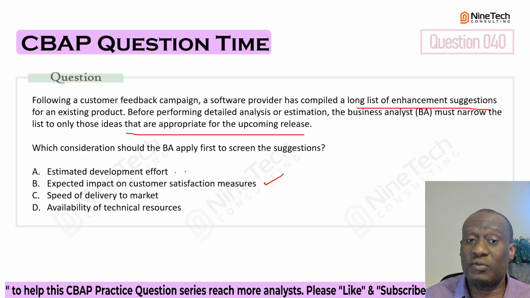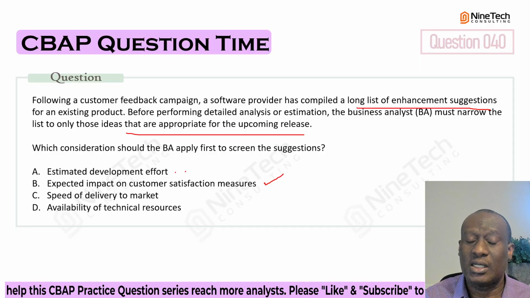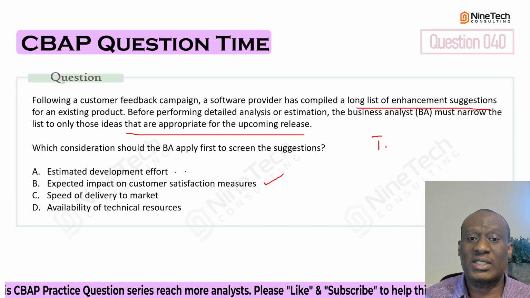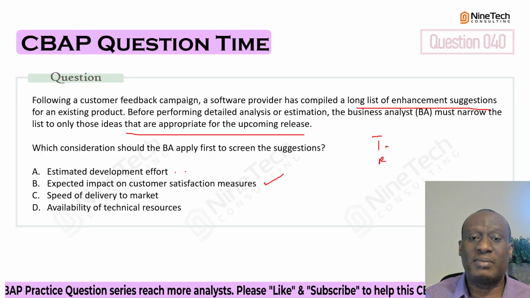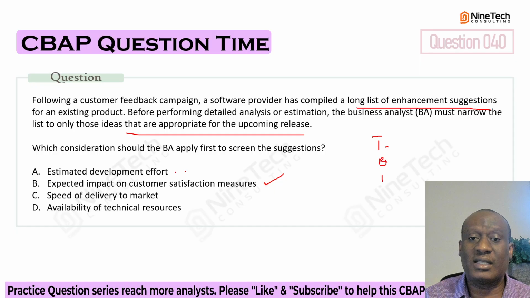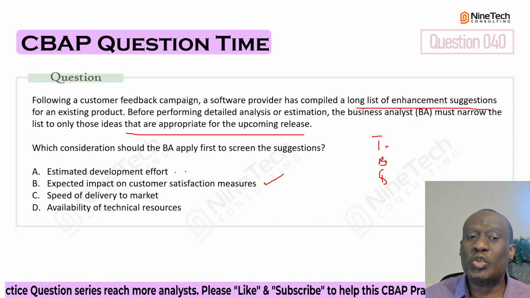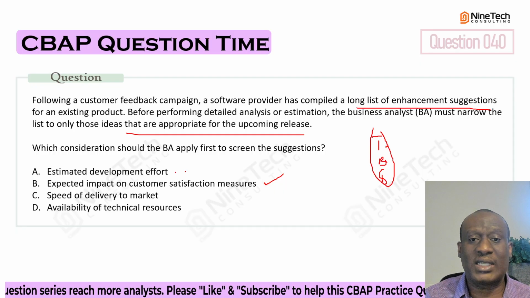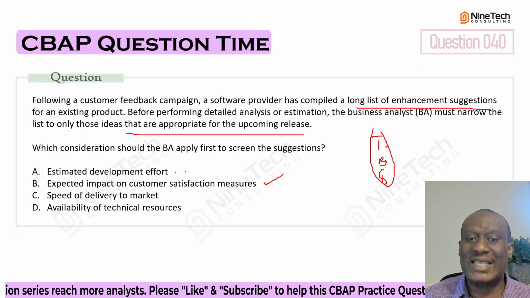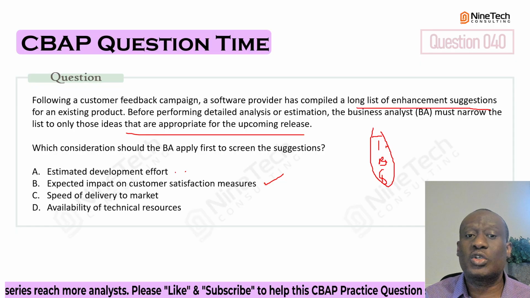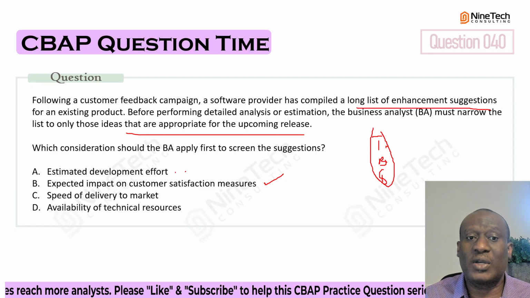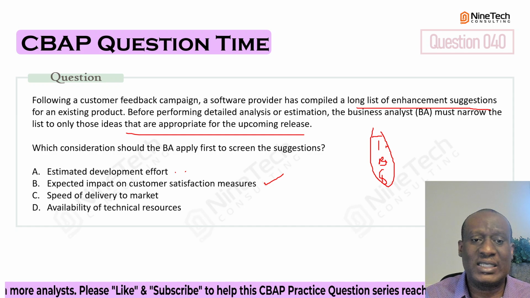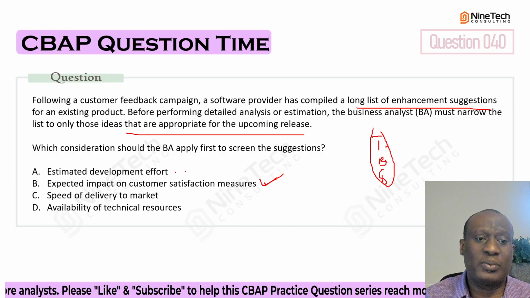Remember, one way of gauging the success of a project is not just by saying that the project was timely, it met the budget, and it met the scope or requirements. Customer satisfaction is so key because you can meet all these project constraints and yet the customer is not satisfied. So customer satisfaction is really key. And if you're going to narrow down a list or prioritize needs, customer satisfaction is important.